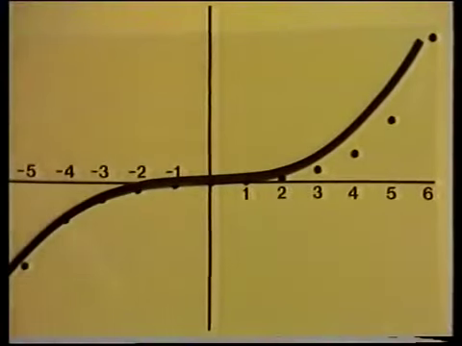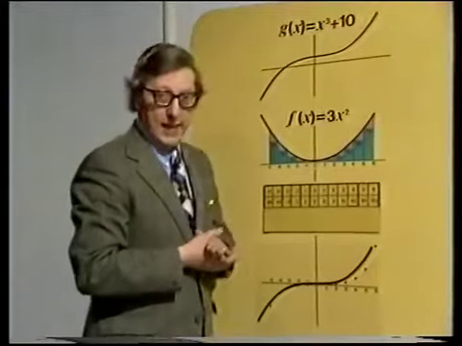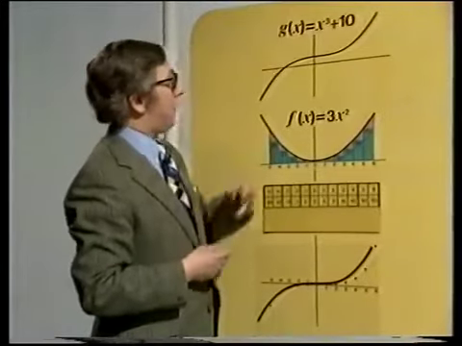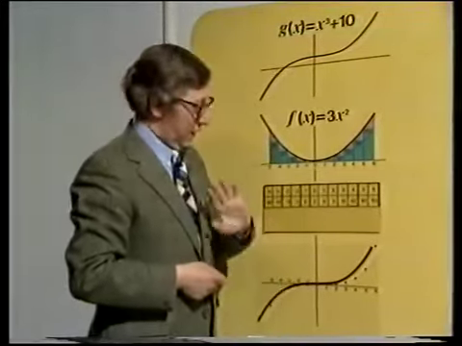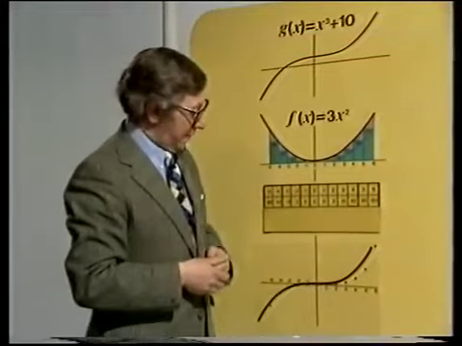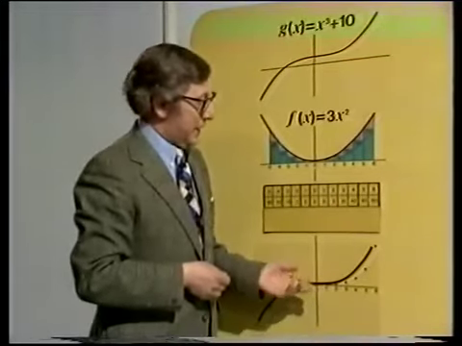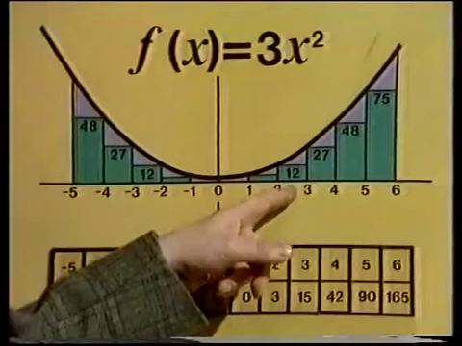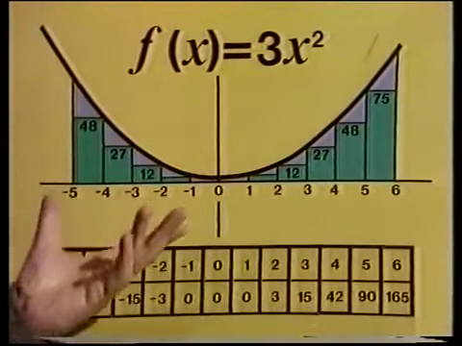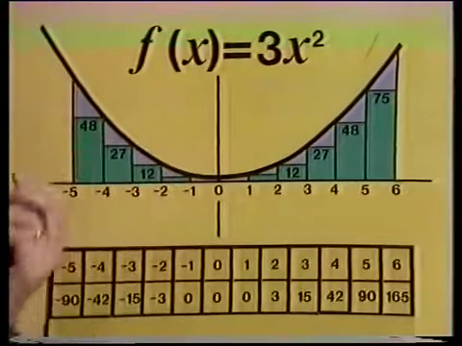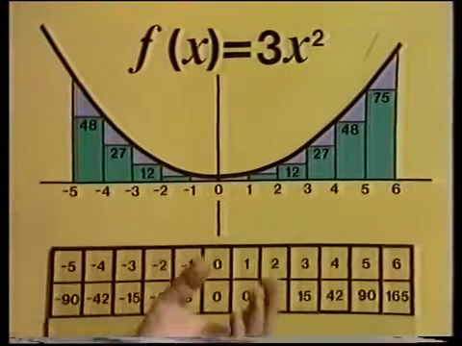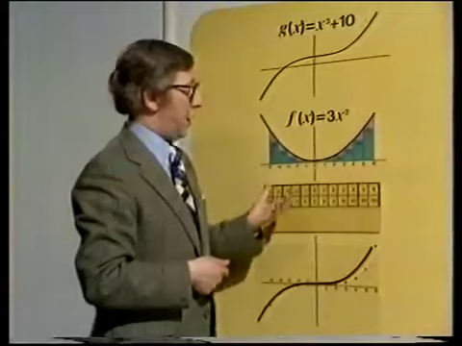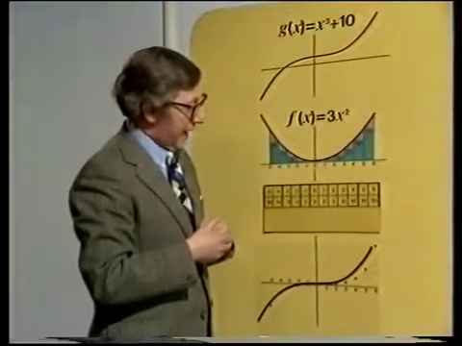Well, in fact, I can't make it fit exactly for a couple of reasons. First of all, I seem to have lost a constant, but we'll explain about that later. Another reason that the fit isn't exact is because, don't forget, I'm using rather crude rectangles to approximate my area. Of course, if I'd used finer rectangles, I would have got a closer approximation to the area. So we can't expect the fit to be exact.